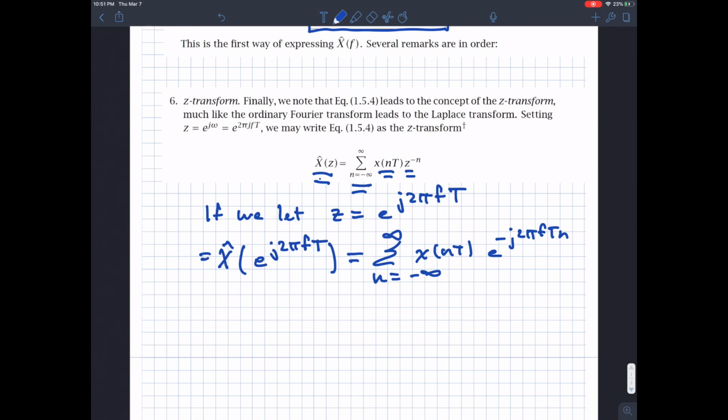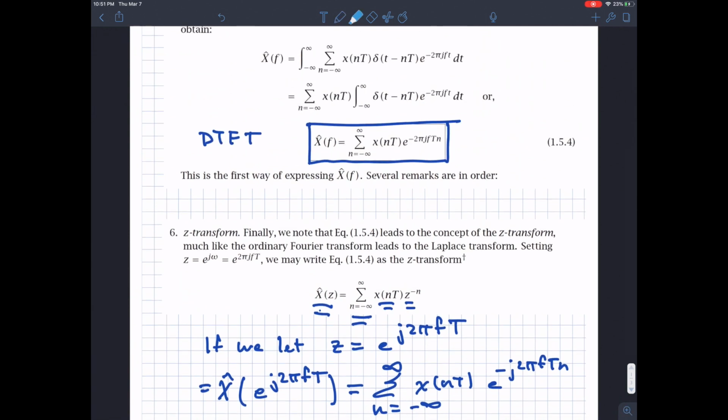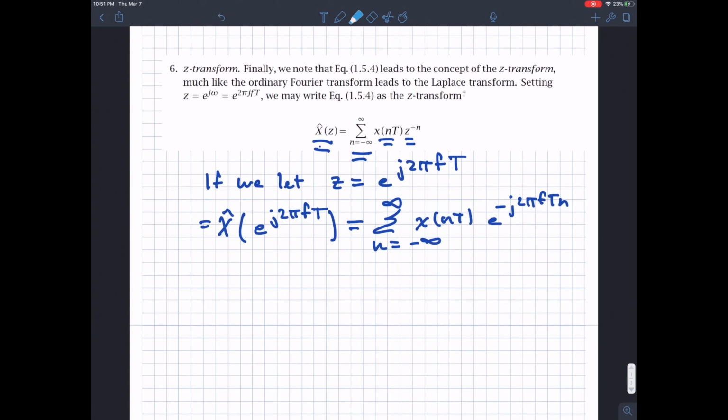Alright, he called this up here in this box x hat of f. Okay, remember his lowercase f is my uppercase F. Okay, x hat of f. And you know, when I was an undergraduate, this kind of notation I always found to be confusing. It looks intimidating.